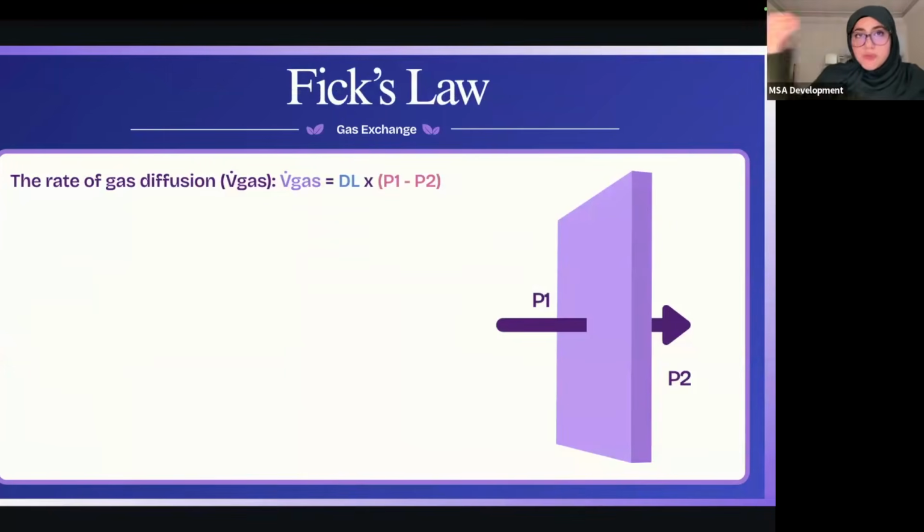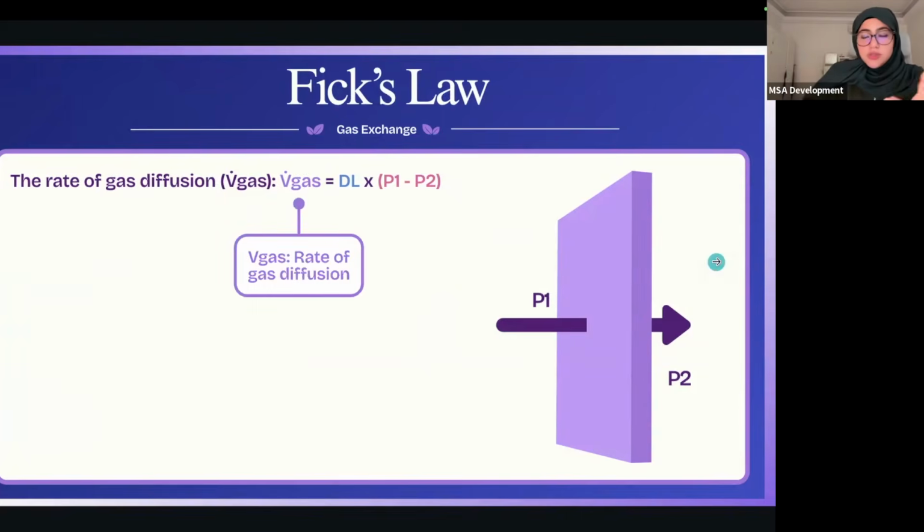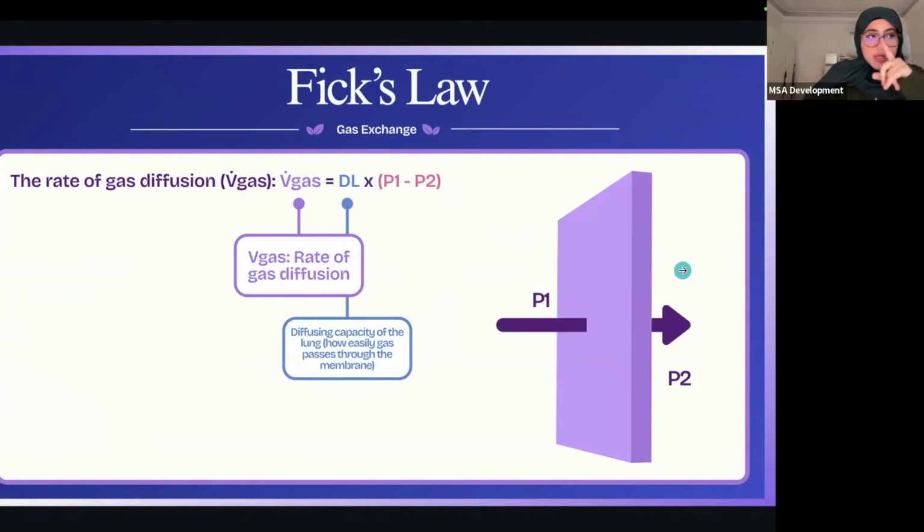Now, diffusion, Fick's law. It's basically the rate of gas diffusion. So how fast can you diffuse from one place to another, like this? And what it depends on are these components. Diffusing capacity is just how well something can diffuse based on the circumstances it's been given.